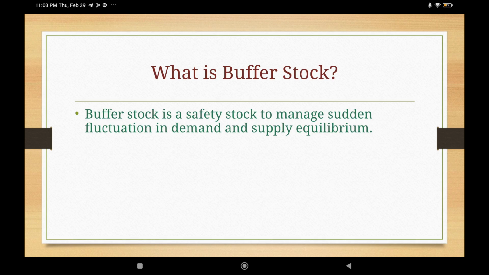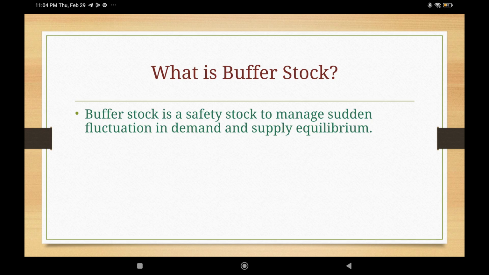Let's come to the definition and explanation of this particular stock. Buffer stock is a safety stock to manage sudden fluctuation in the demand and supply equilibrium. That means suppose a stock is about to finish. Before that we have decided that 25% of the stock will be in the buffer.